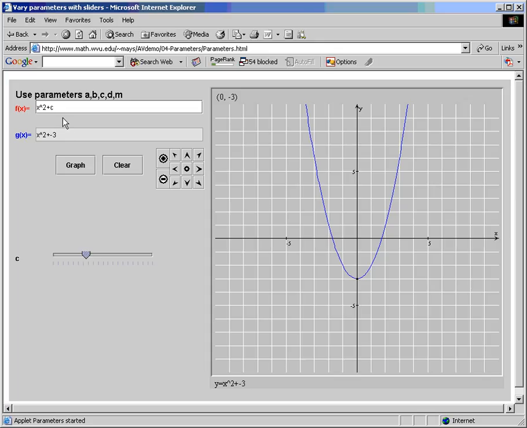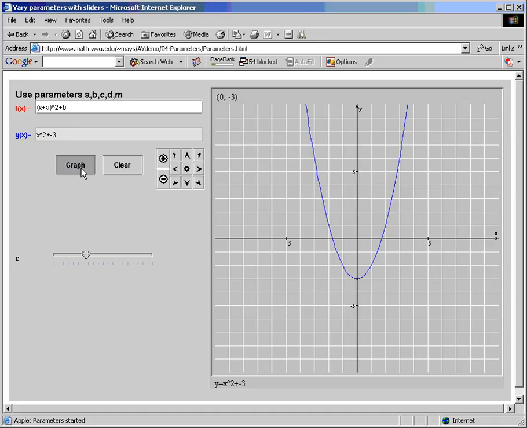We could put in a couple different parameters if we want to. F of x equals, say, (x plus a) squared, plus b, just to keep track of two different letters.